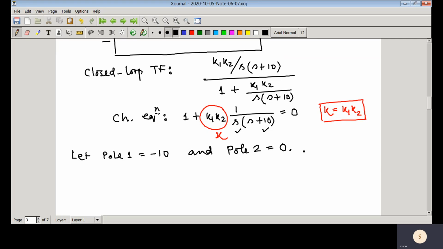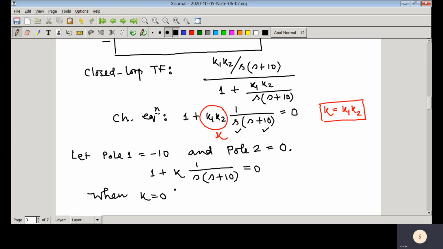Now interestingly, the characteristic equation is 1 plus k by s plus 10 equal to 0.